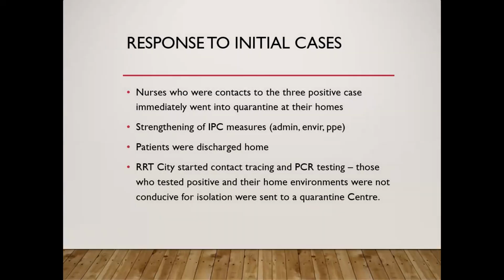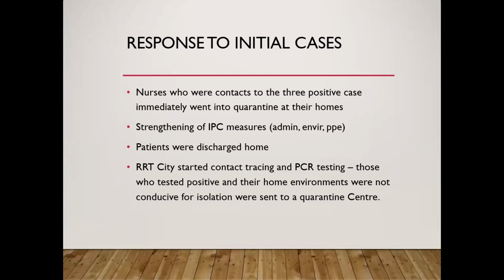So what was the general response in the hospital? The nurses who were in contact with these 3 cases immediately went into quarantine at their homes. And the rapid response team, which was already there, started strengthening our IPC measures, that is administrative measures, environmental measures, and also our personal protective equipment.